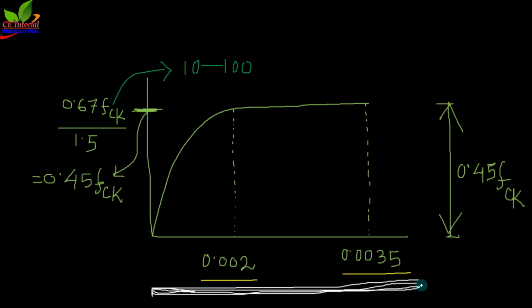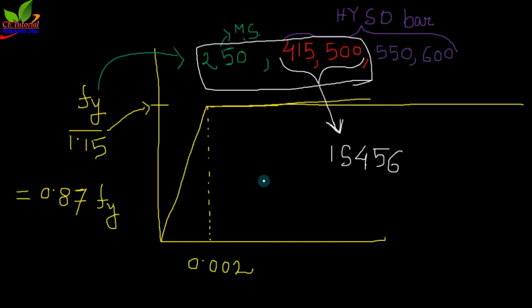It means that when the strain value of concrete at the topmost fiber of the beam exceeds 0.0035, it will fail, it will collapse. But for steel there is some difference. There is no upper limit like 0.0035.